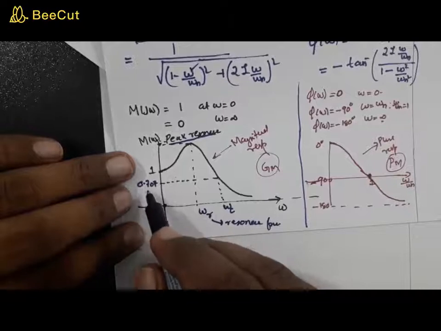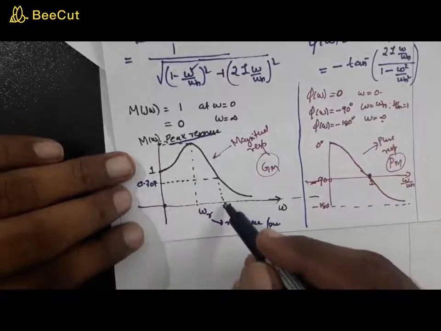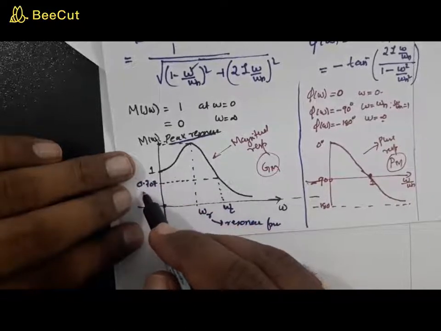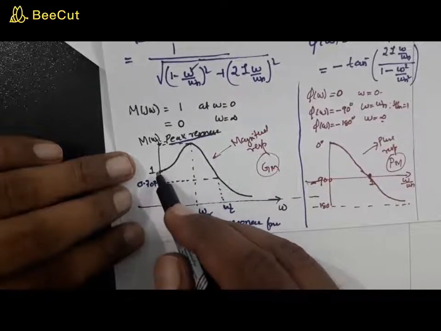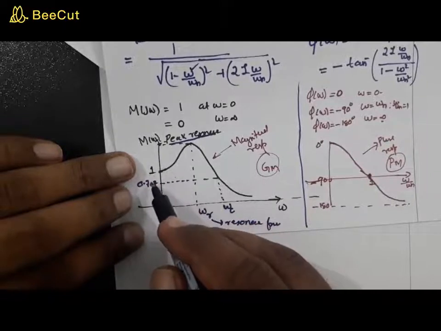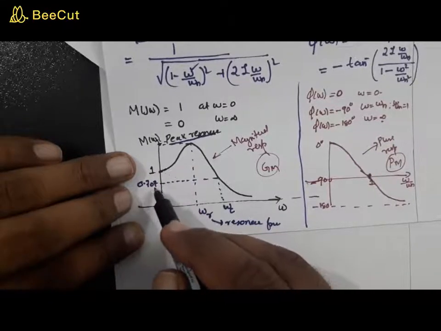Now at a particular omega, we can see that the value is going to be 0.707 of the initial value. The initial value was 1 and it is just 70% of this.